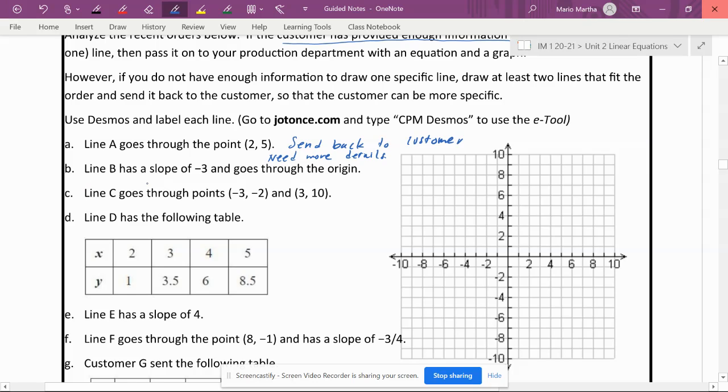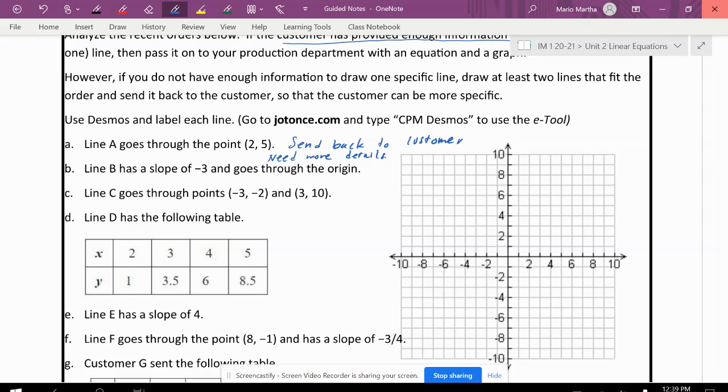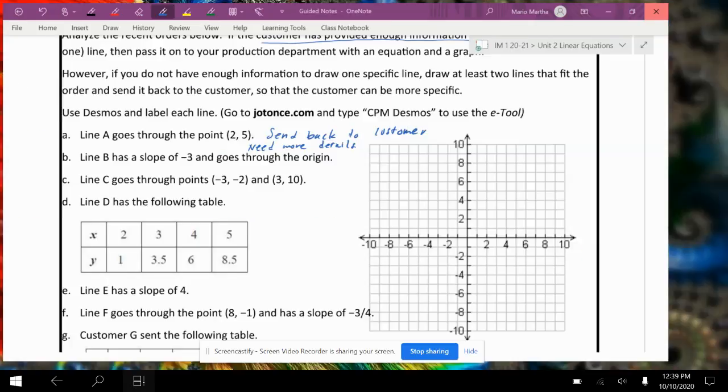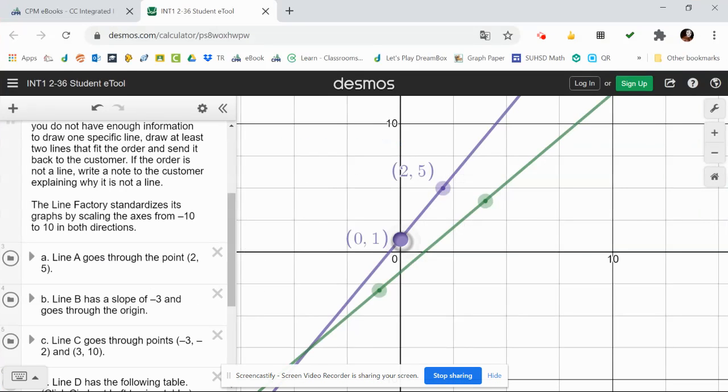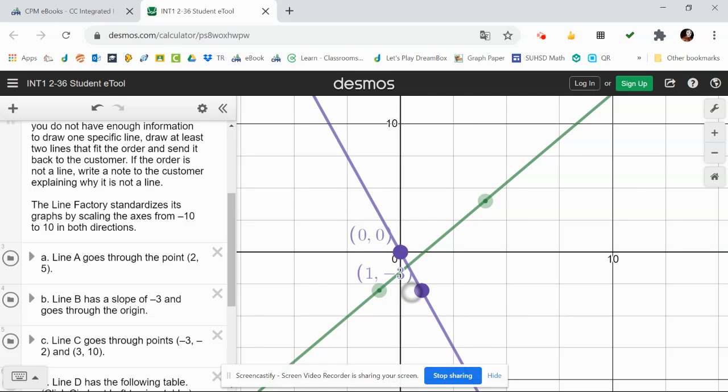Okay, question B, line B has a slope of -3 and goes through the origin. Okay, so let's see that now. The origin is pretty much just the center right there. And then from there, we're going to go down 3 and then always 1 to the right. So remember that. Down 3 and then 1 to the right.